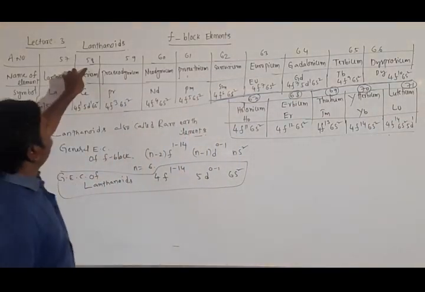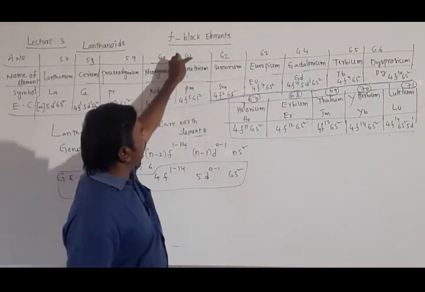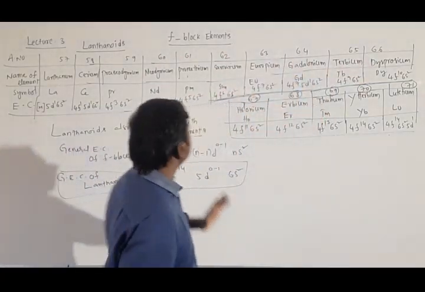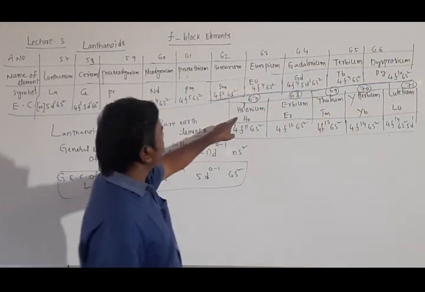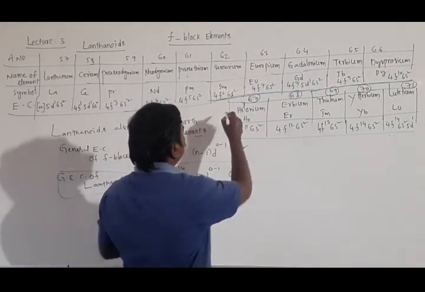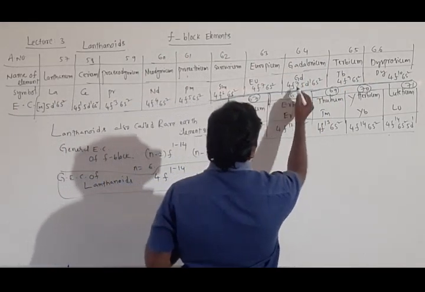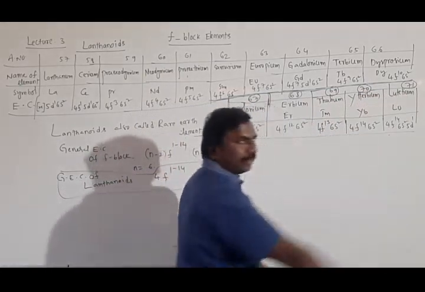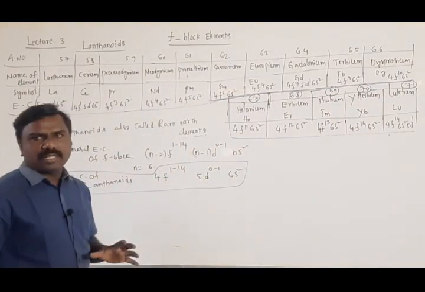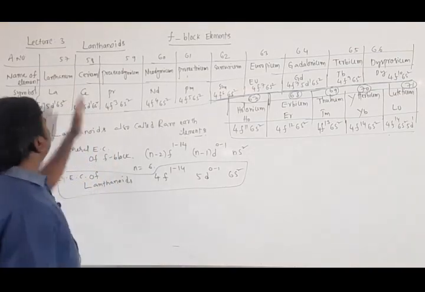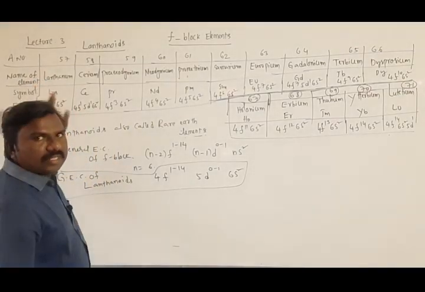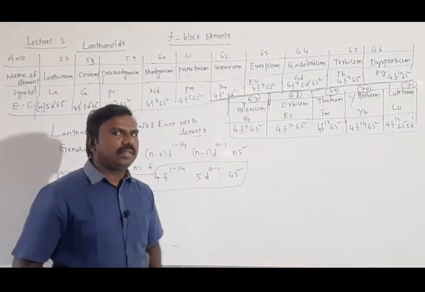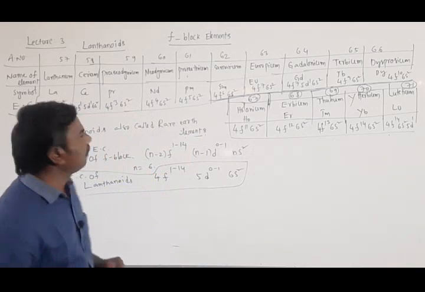Cerium has atomic number 58, then 59, 60, 61, 62, 63, 64, 65, 66, 67, 68, 69, 70, 71. Totally 14 elements from 58 to 71. Before this, lanthanum is there, and we study lanthanum usually in the study of lanthanoids. Lanthanum is not an F block element.